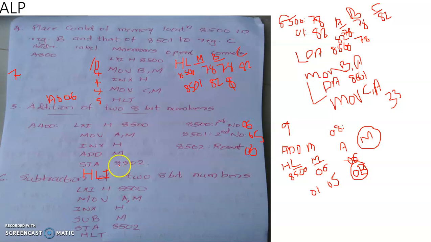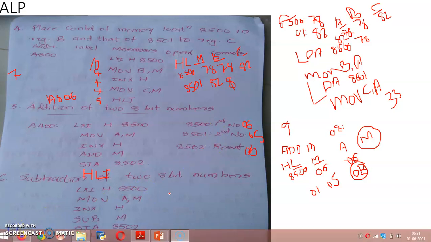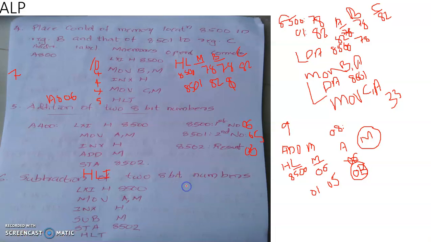Now let's consider a program to subtract two 8-bit numbers. Let's assume that we have the first number in the location with address 8500 and the second number in 8501.